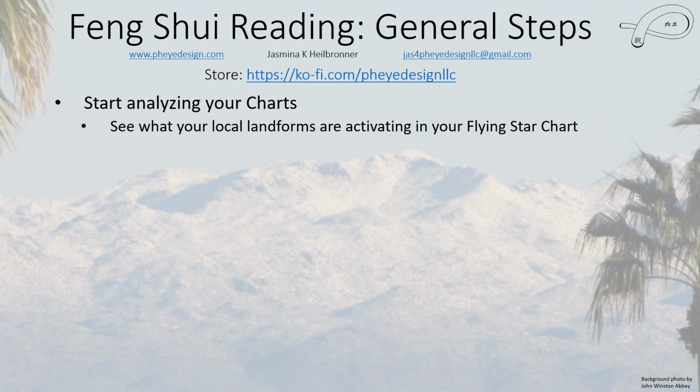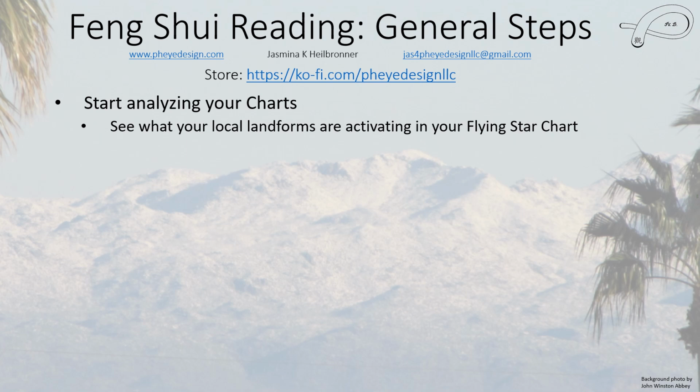But that landform, if it's a higher ground at least, will activate the sitting star in that sector where the higher ground is located, again measured from the center of your house. So you always have something that's activated unless you're very unusual.